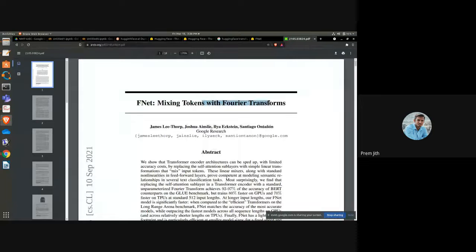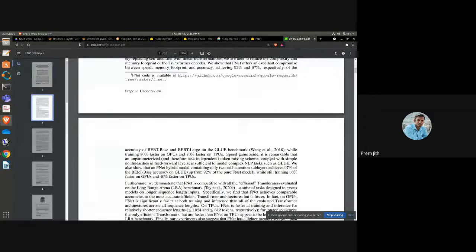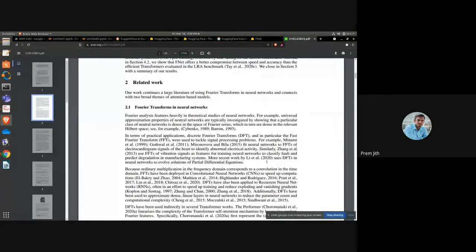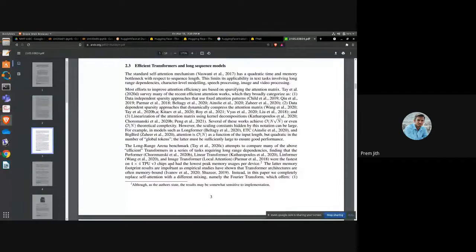See, people are trying different combinations. If you want to publish a paper like this, that is possible. You can change the theory or implementation of the neural network. So FNet uses the Fourier transform concept along with the transformer network. Fourier transform in neural networks, I think.